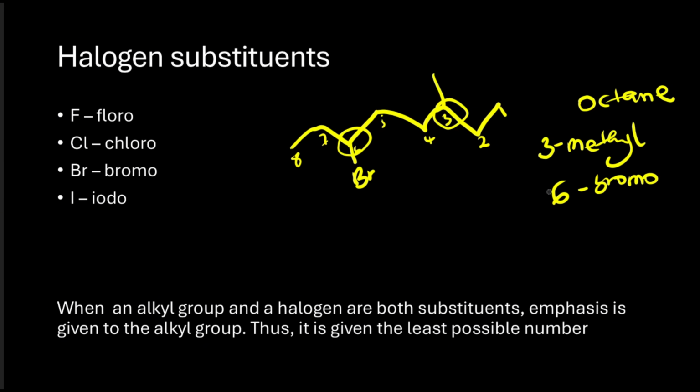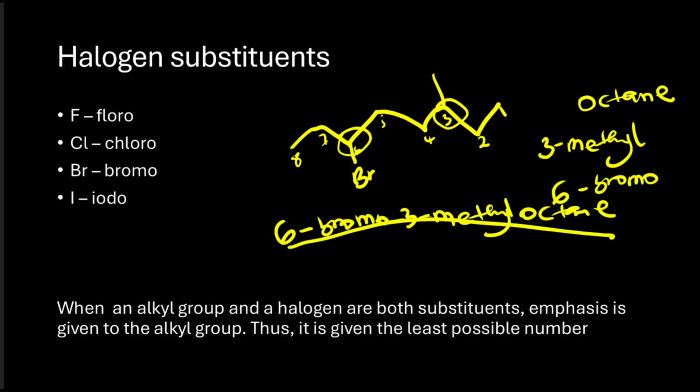And the rule says we should assemble our name alphabetically, and so we have 6 bromo, and then we have 3 methyl, and then we have octane. So this becomes the name of our alkane: 6 bromo, 3 methyl, octane.